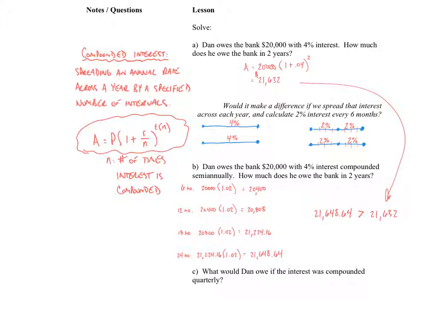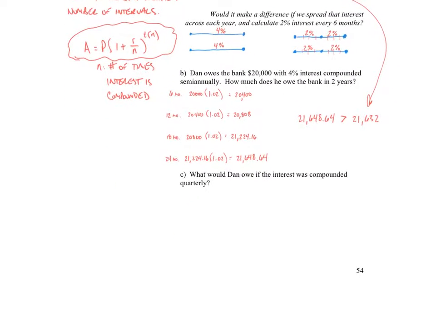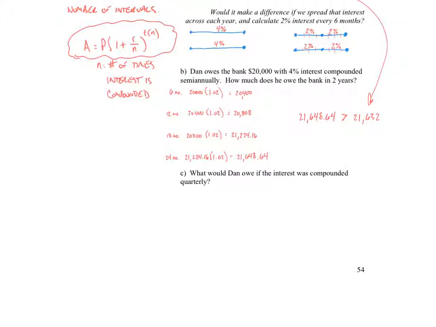So what would Dan owe, we're down to C, if the interest was compounded quarterly? So we're trying to find out the total amount. We're still going to say he's got $20,000. Money grows, so 1 plus the rate, which is 0.04, but we're dividing that by how often we're compounding, and we're compounding quarterly here. So that means we're cutting the year up into fourths.